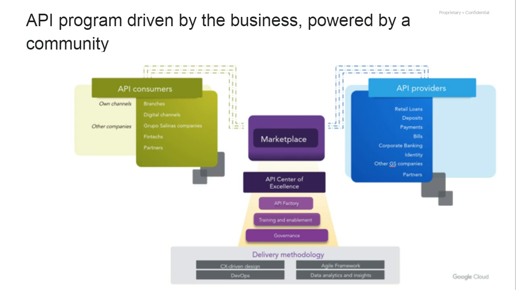So we started with the roadmap and created the different categories we wanted to dig into, or the different products we can expose to the market. The cornerstone of it was and is the API Center of Excellence.